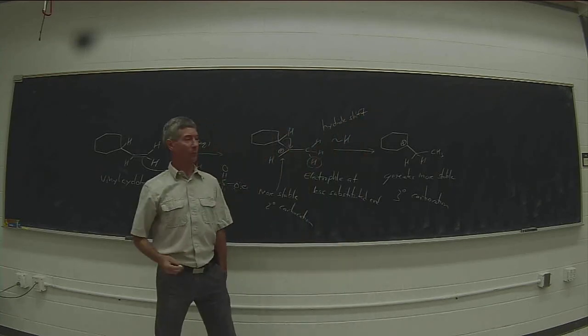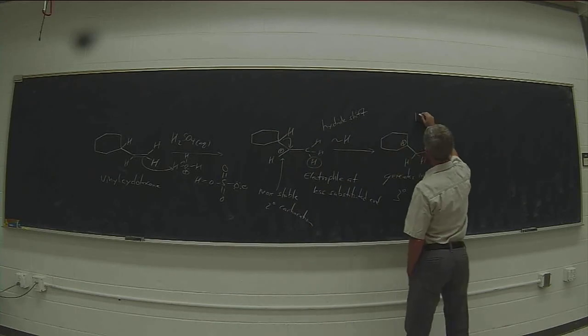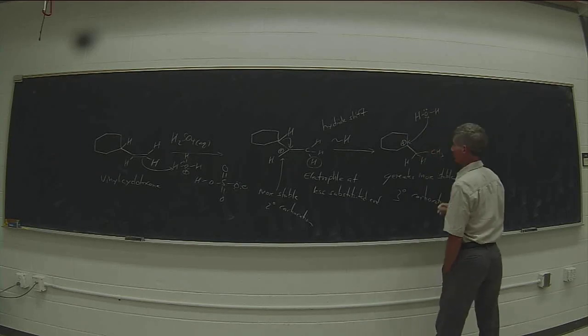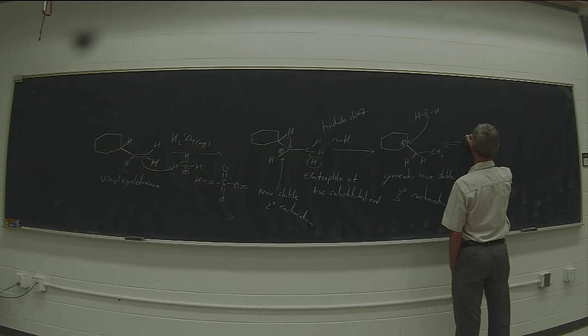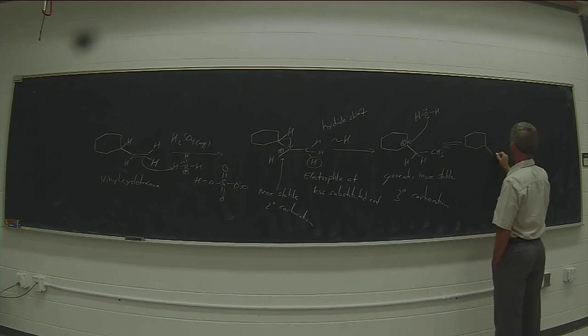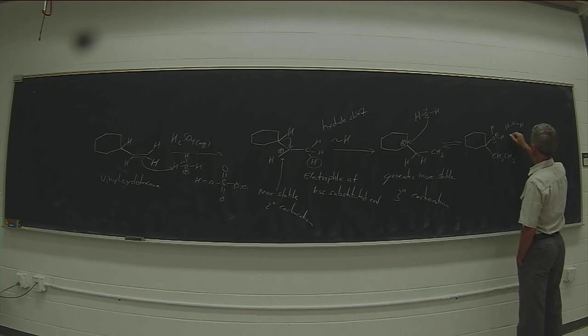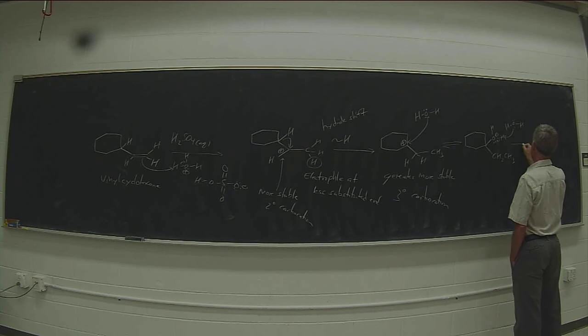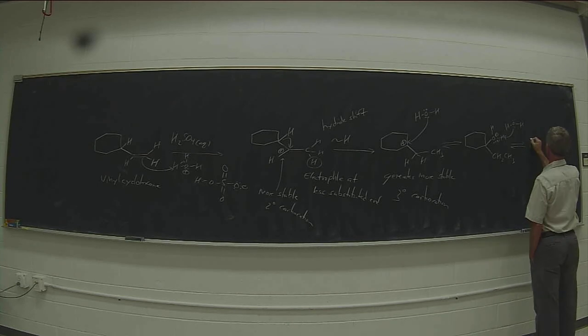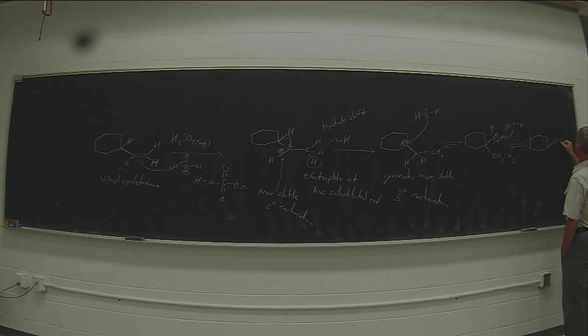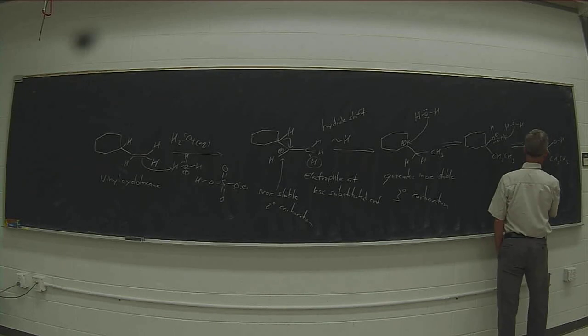And we've just undergone a carbocation rearrangement. The product then, instead of the secondary alcohol, will be the corresponding tertiary alcohol after the next two steps. First, nucleophilic attack to generate, and finally proton transfer to generate 1-ethylcyclohexanol.